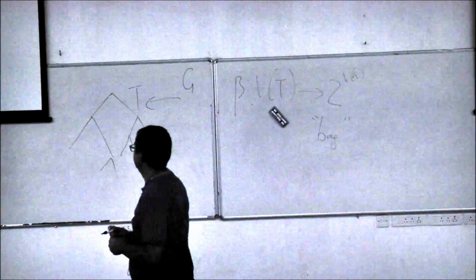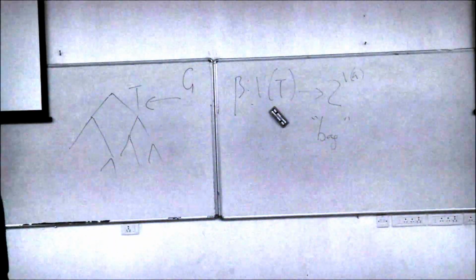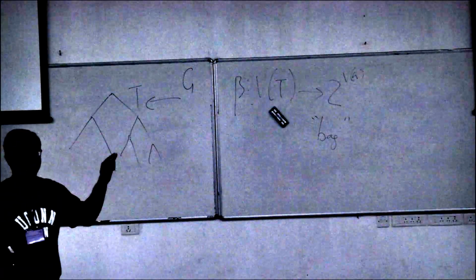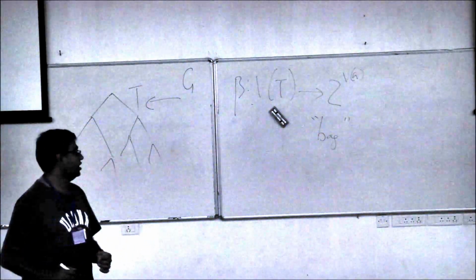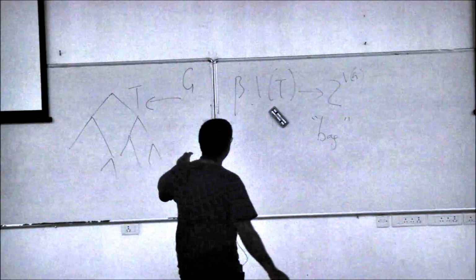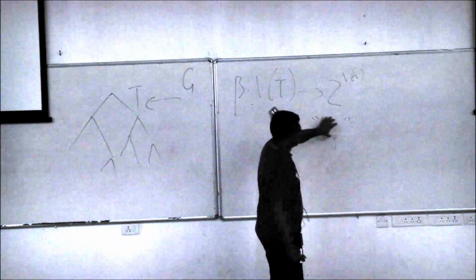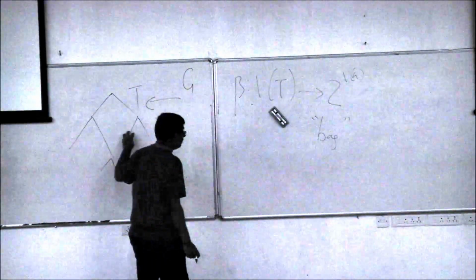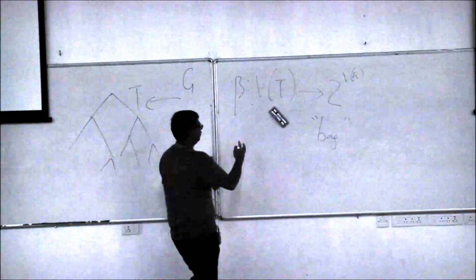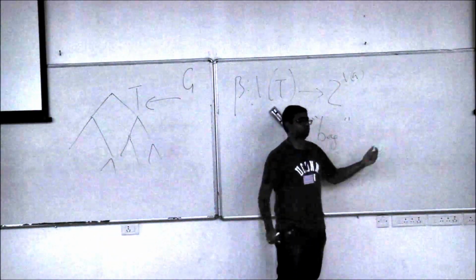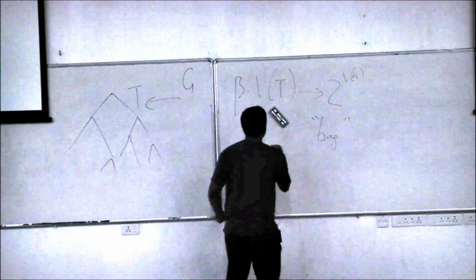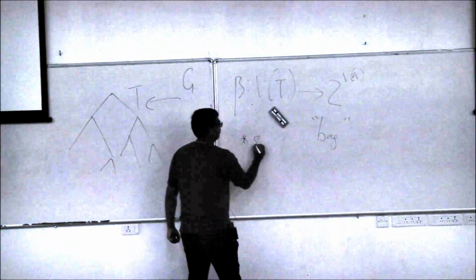For example, what do I expect? I expect that if u and v are neighbors in my graph, meaning they have an edge between them, then there is some node here such that if you look at beta of that node, both vertices are present. So this is not any association, this map satisfies some property.